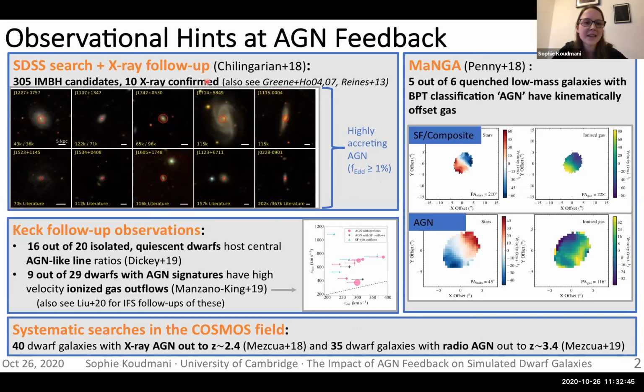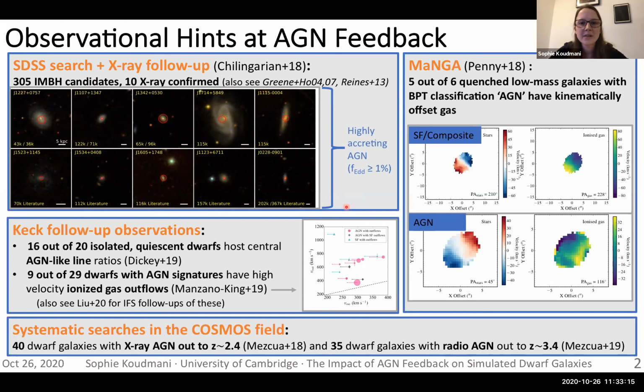So I'm highlighting here a study by Chilingarian et al. 2018, where they identified 10 bona fide AGN in dwarfs, shown here in the SDSS images. The red circle shows you the position of the X-ray source. And all of these AGN in dwarfs are highly accreting. They all have Eddington fractions above 1%, which tells you that what we've got here is really only the tip of the iceberg.